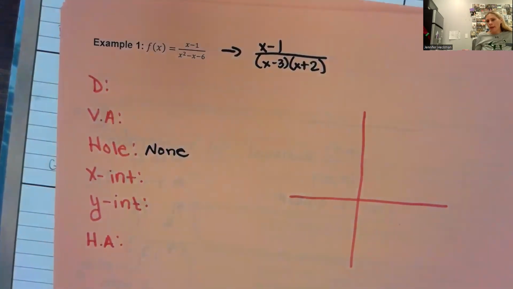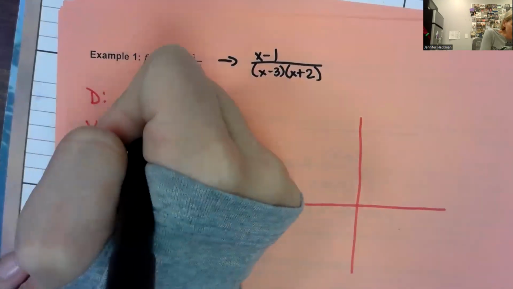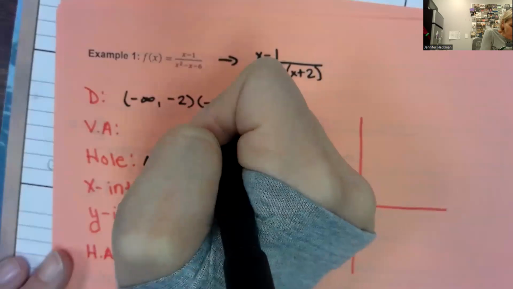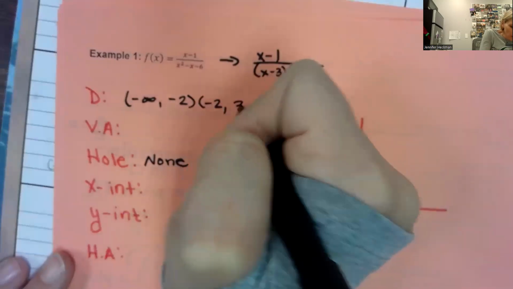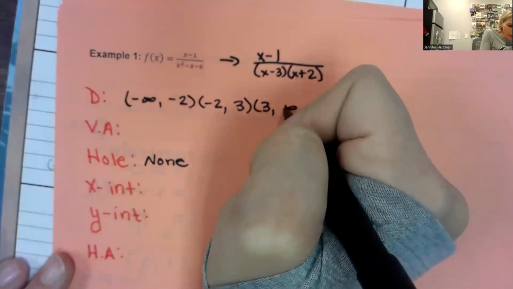Now let's go to our domain. Remember, our domain says that the denominator cannot be 0 in any case, right? So that means our domain is going from -infinity to -2, -2 to 3, and 3 to infinity.